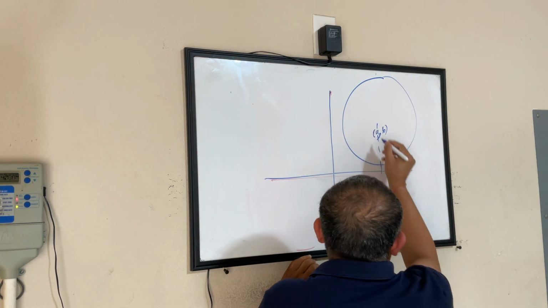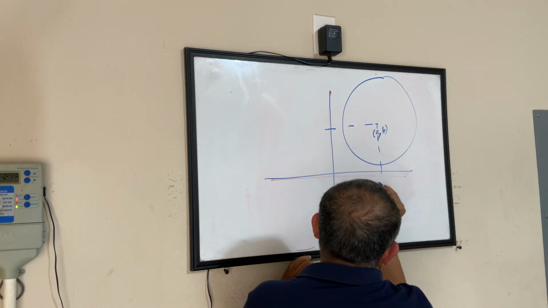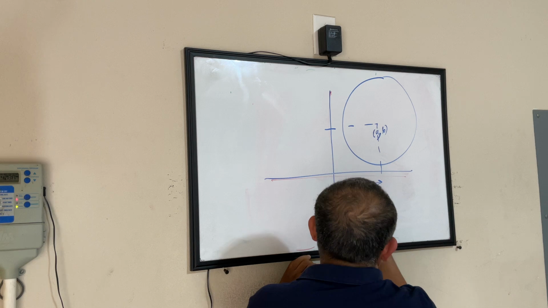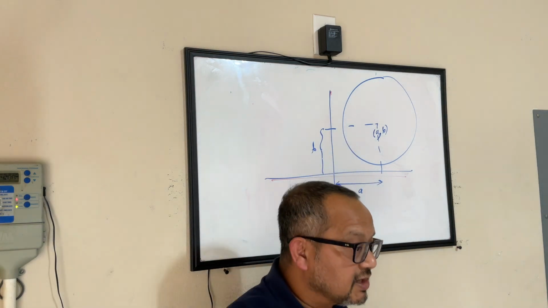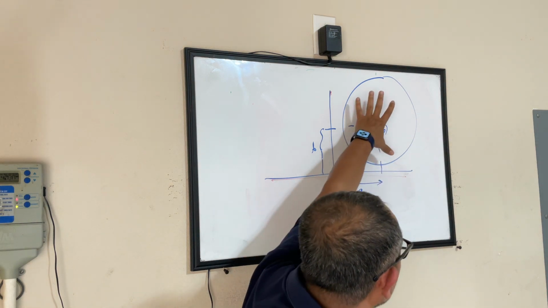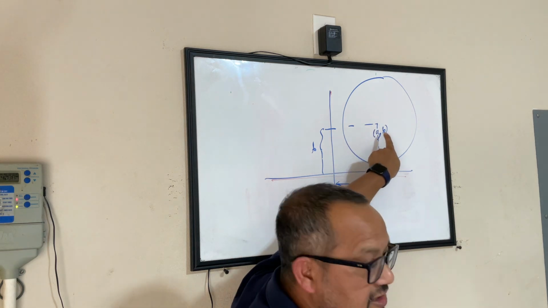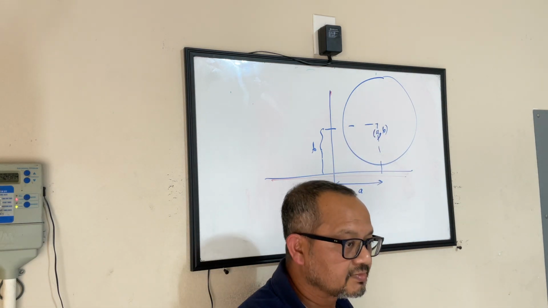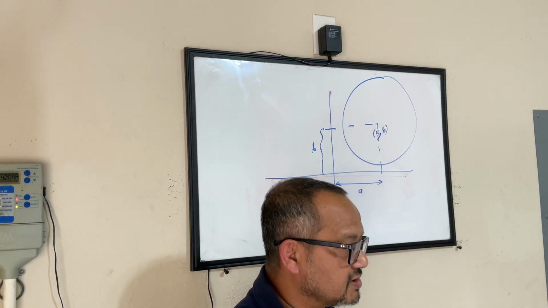If you draw a perpendicular on the x-axis and y-axis, this distance from here to here is nothing but A, and this distance from here to here is nothing but B. Is this part clear to all of us? I have drawn a circle here where my center's coordinates are A comma B.